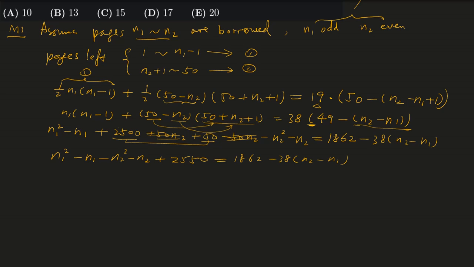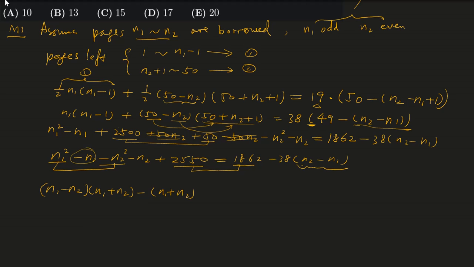So first we notice one thing. So this is the square difference, right? So we can factorize that and get a term like this as well. Good. And these two can take a difference, right? So let's do it. So n1 minus n2 times n1 plus n2 minus n1 plus n2.